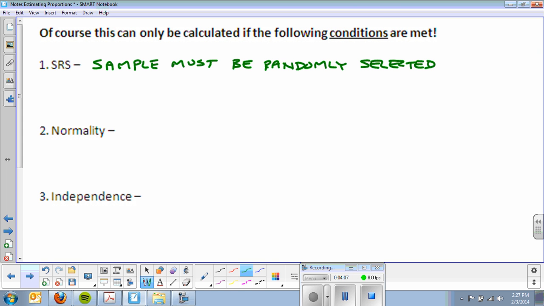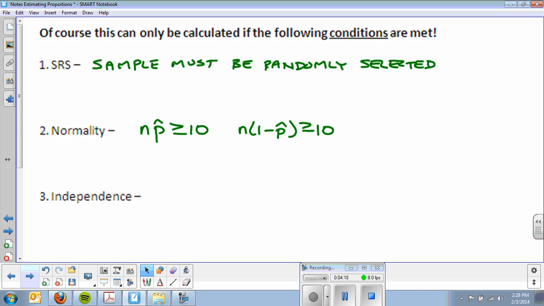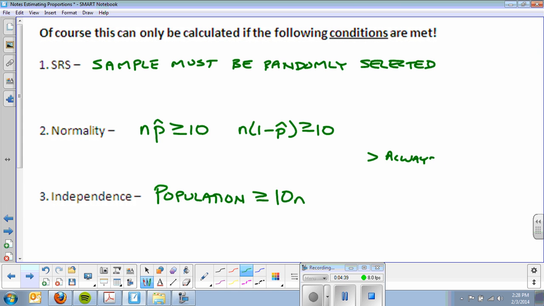Okay, normality, and this will look familiar: N times P hat greater than or equal to 10, and N times 1 minus P hat greater than or equal to 10. And again, that's just something you've got to memorize. It's not my favorite part. It's not the most fun part, but you must check them every time. And the last one, independence: you're going to check to see that the population is greater than or equal to 10n. And a little trick for you, the greater than or equal sign always points to 10. So if you're struggling with that, just always point it at the 10 and you'll be good to go.